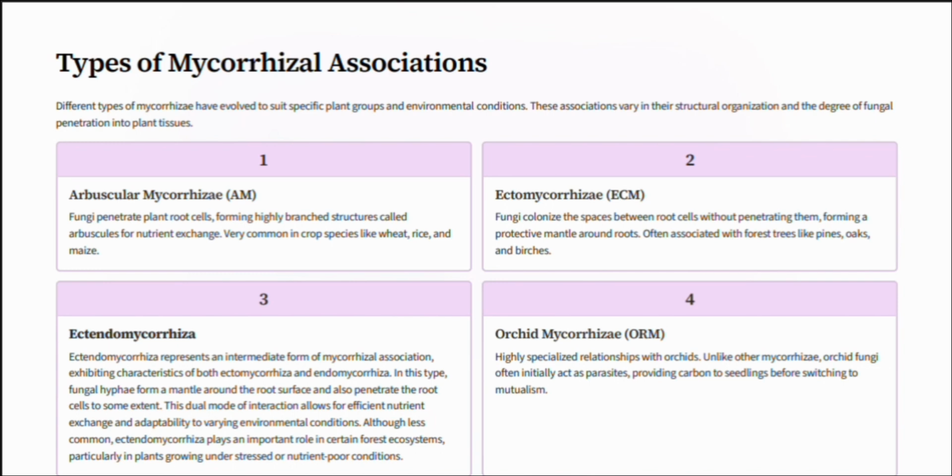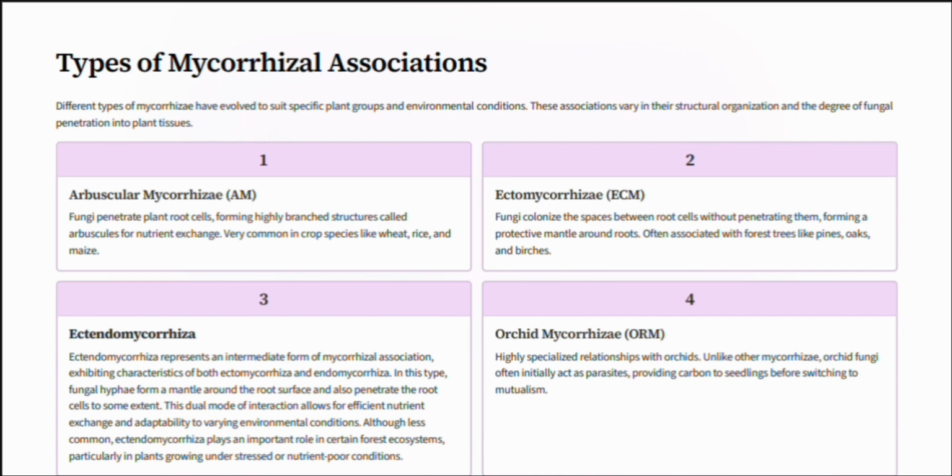The second is ectomycorrhiza, where the fungus colonizes the spaces between the root cells without penetrating them, forming a protective mantle and hyphae around the root cells. The third one is actinomycorrhiza, which forms an intermediate relationship where the fungus penetrates into the root cells and also forms a mantle around them, so it shows both types of relationship and interaction.